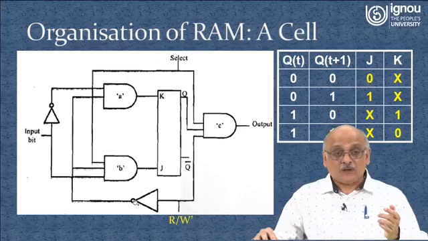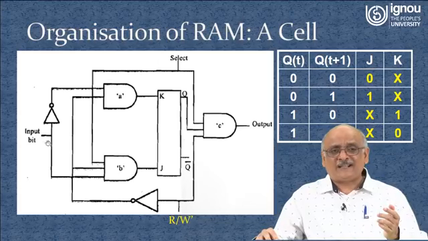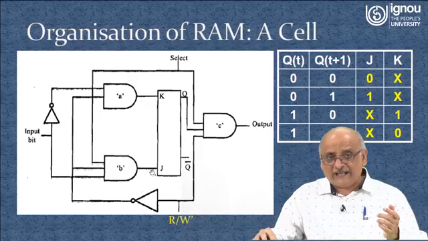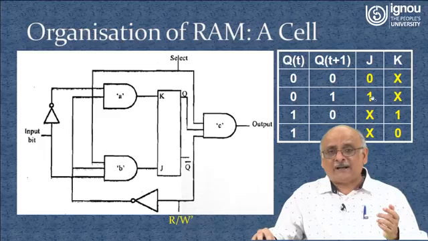Now what happens here? Inversion. So now we are getting 1 in this particular AND gate. Select is 1. So now if the input bit is 1, what is going to happen? The output of gate B, which happens to be the value of J, will become 1.